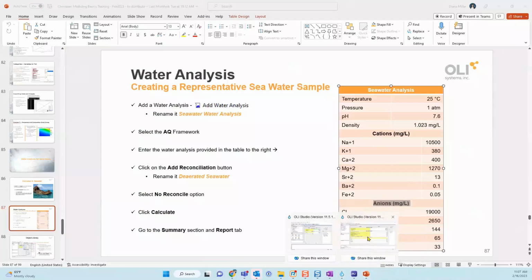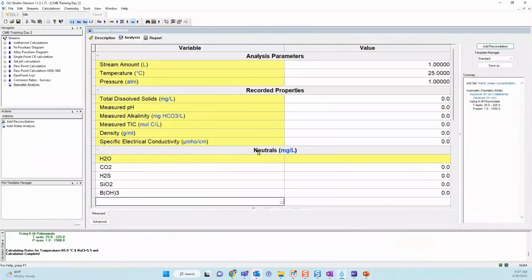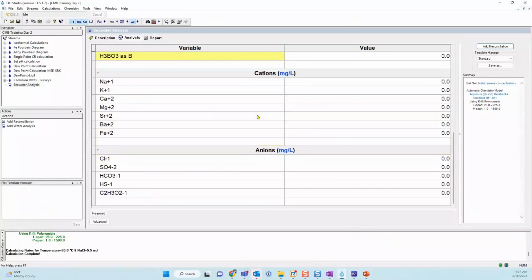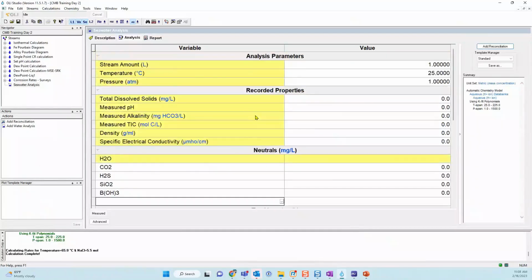So we'll go back. And in this water analysis, you'll see these analysis parameters are slightly different than what we are used to when entering the data. The stream amount, temperature, and pressure is the same. But what this means is these are the temperature and pressure at which the water analysis was performed in the lab.